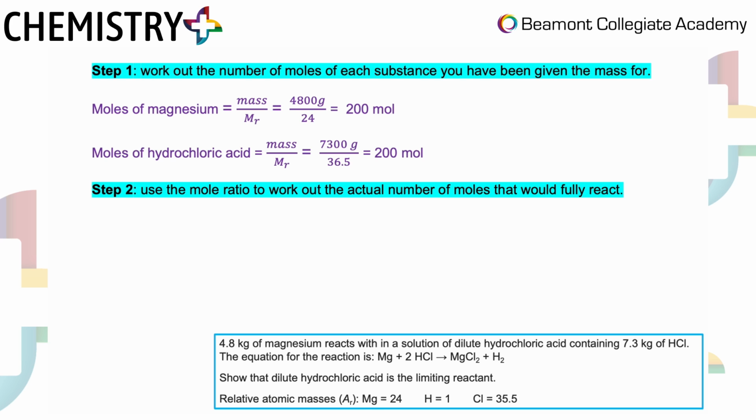Step 2, mole ratio. We'll need 1 mole of magnesium to 2 moles of hydrochloric acid.